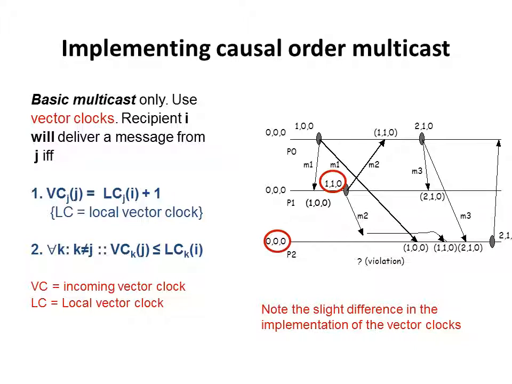So there can be a question where you have a figure like it's shown on the slides, and you're asked if a given message can be received at a given point of time as shown in the figure, right? And by using the two constraints for the vector clock and the local vector clock, you should be able to tell whether the message can be received at this point of time or it has to be buffered.